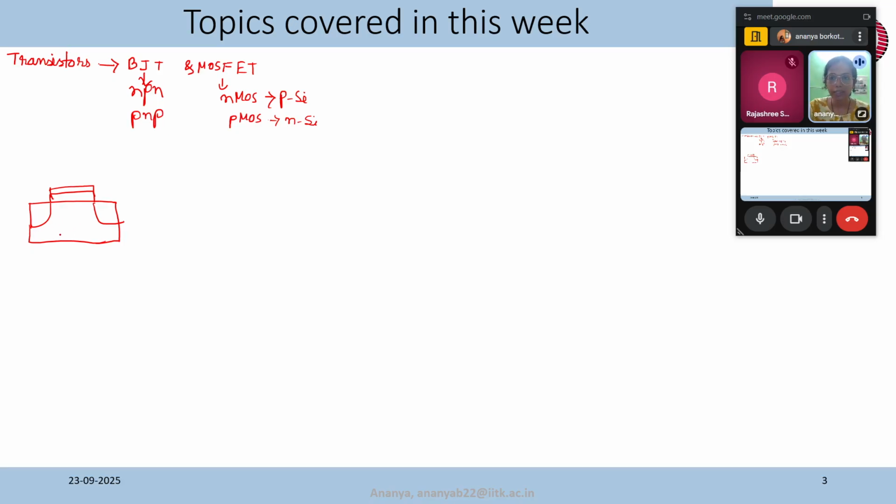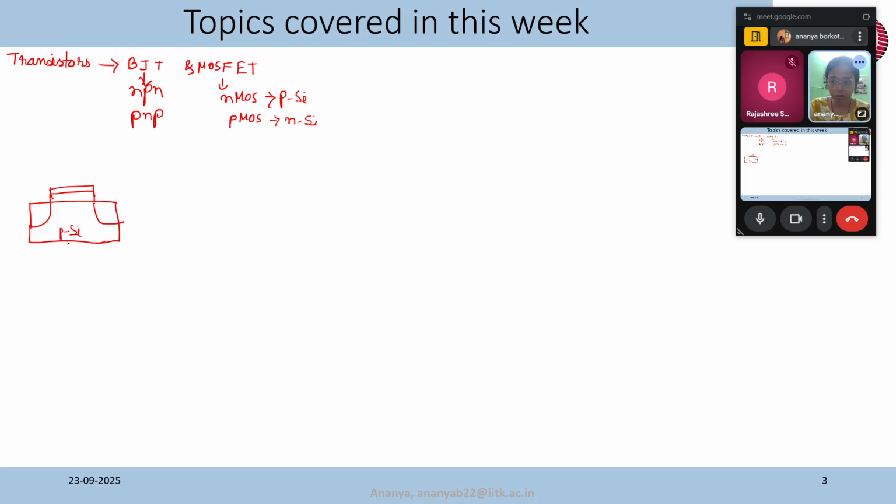It has either a p-type silicon substrate or an n-type silicon substrate, and this region is known as the body region. This may not be the whole wafer. We can have a small area of p-type silicon substrate, which is the body of our MOSFET. That is why this is known as the body terminal.